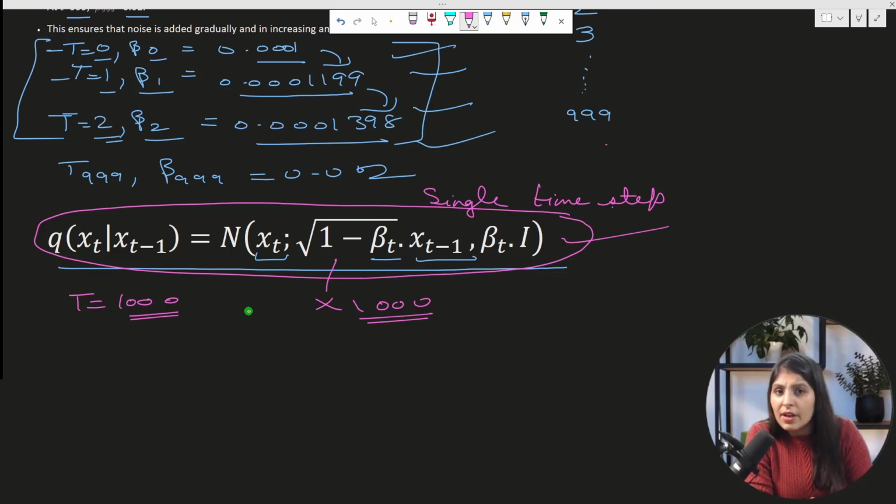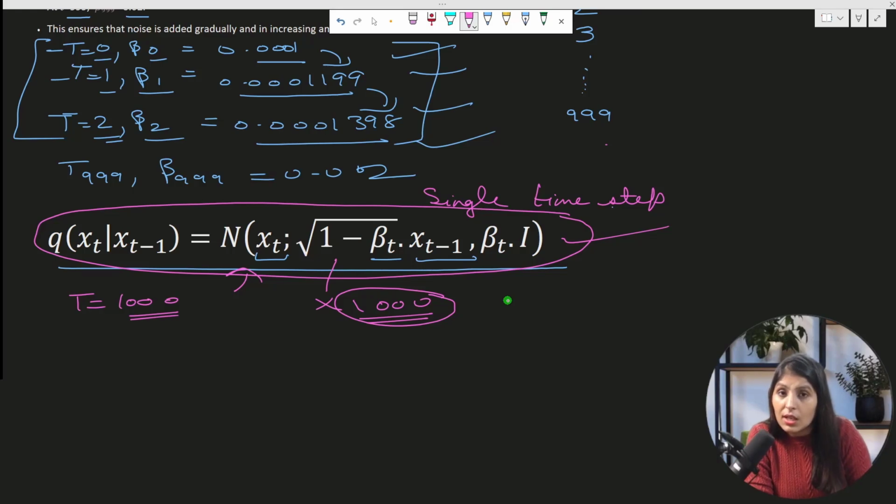We can simplify this process. We can run this formula only one time and we can get the image which we will get after running this formula 1000 times, meaning the image which we are going to have at time step 1000, which will be a pure noise.